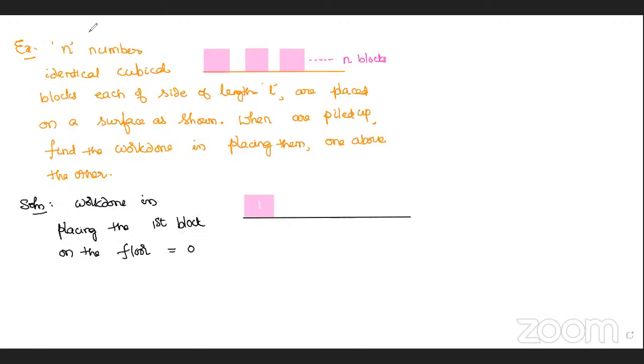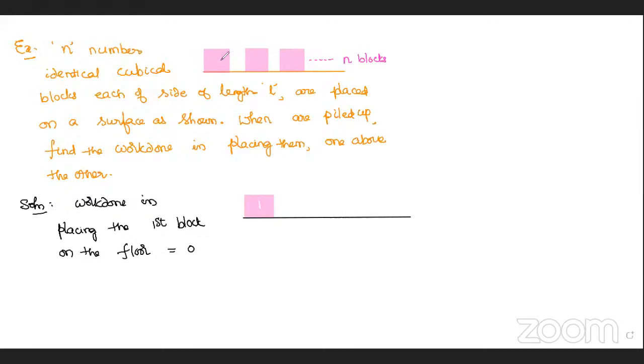Then on whom did I do the work, sir? Yes, the second block is there. This one you try to place over it. I started doing the work in moving the other n-1 blocks except the first block. The first block is already on the floor, so the rest of the blocks I'm placing, piling up.